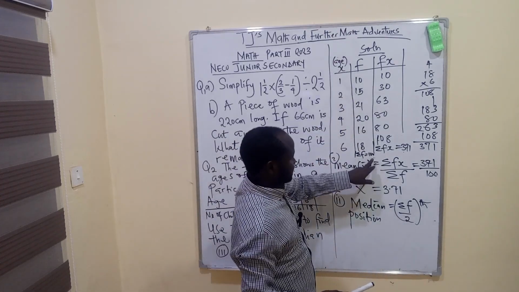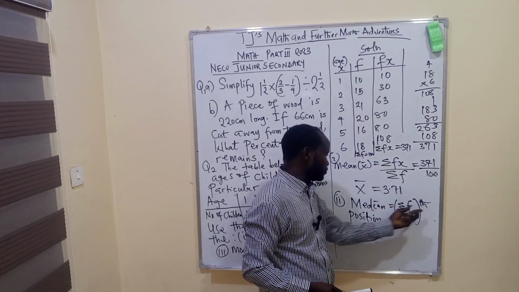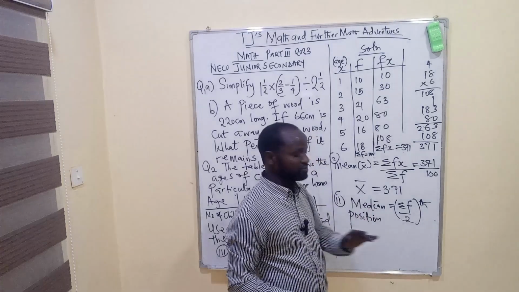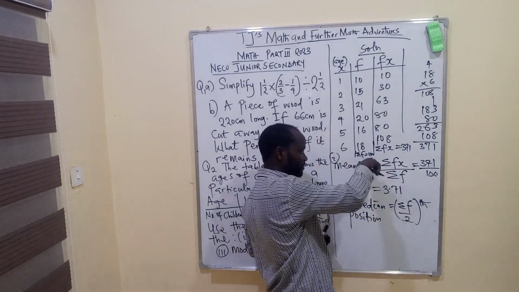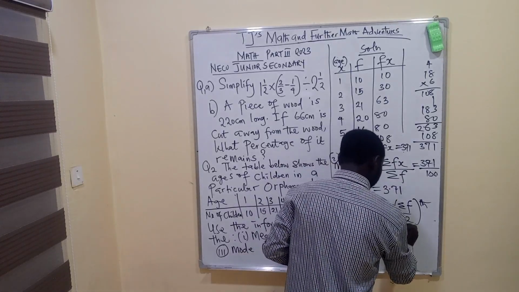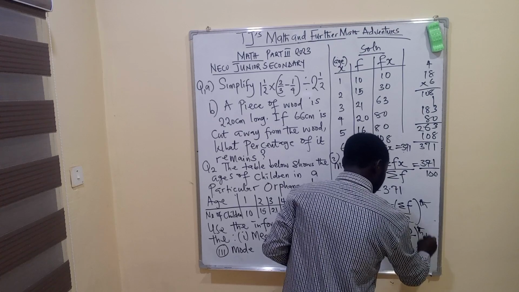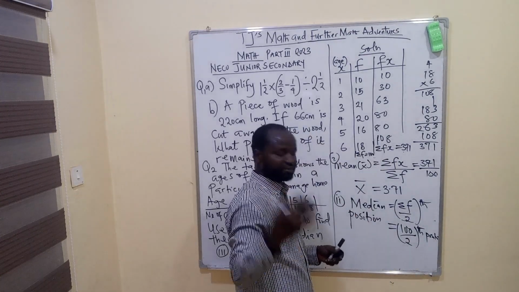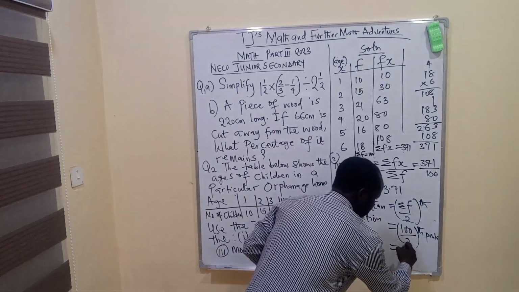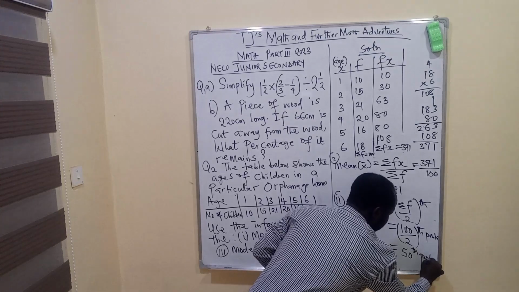Anytime summation f is even, which is 100 now, divided by 2 gives the position of the median. In this case, summation f is even because 100 is an even number. So it will be 100 divided by 2, which is 50. The 50th position will be the median.